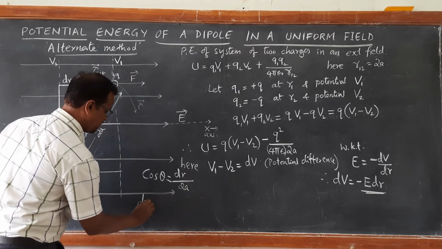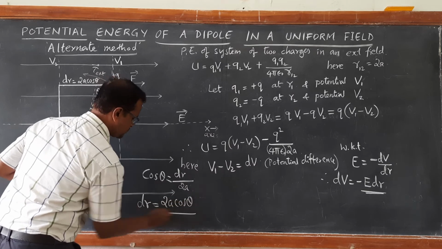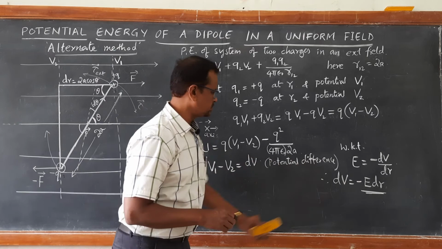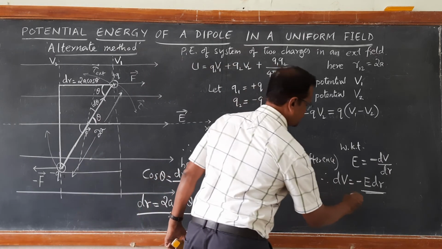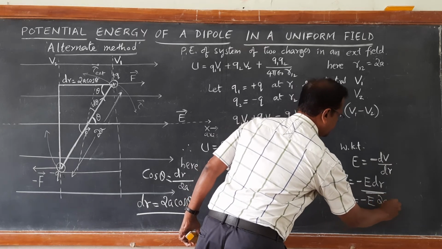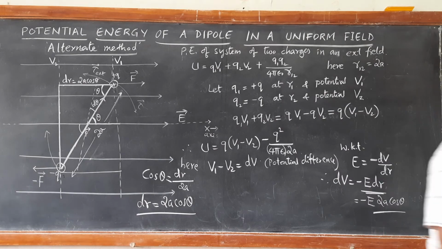Therefore dr equals 2a cos theta. Substituting, dV becomes minus E into 2a cos theta.